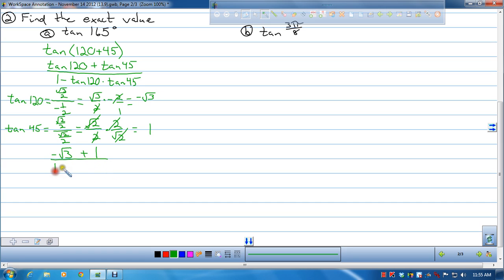Then I have 1 minus, and the tangent of 120 was negative root 3, times the tangent of 45, which was 1. Now we're going to simplify. So this equals negative root 3 plus 1 over 1 plus root 3. Okay?